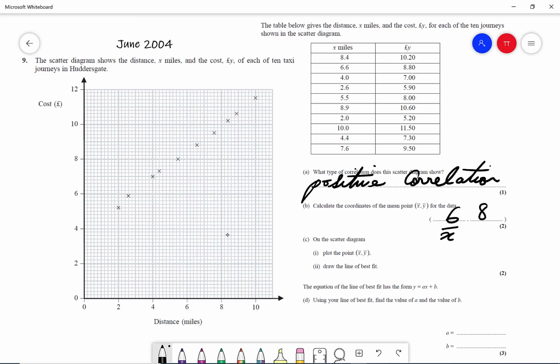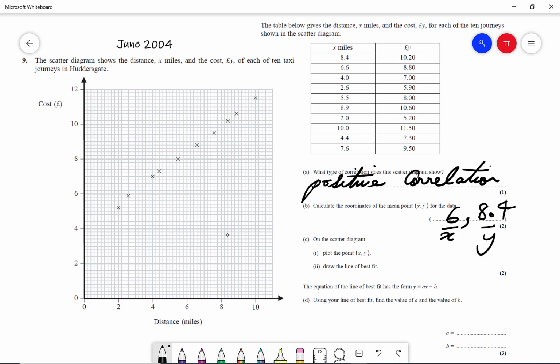So that is going to be y bar, the mean of y. So we've got 6 and 8.4 for the mean of x and the mean of y.